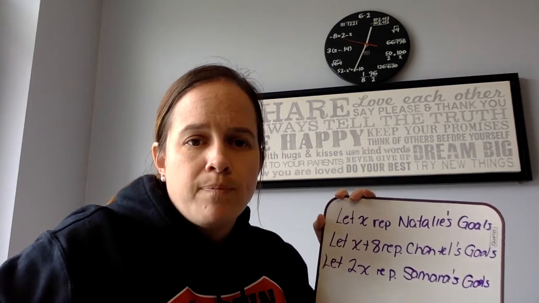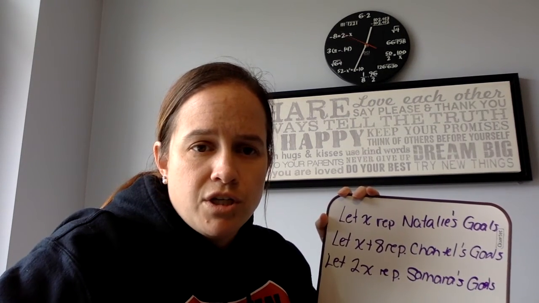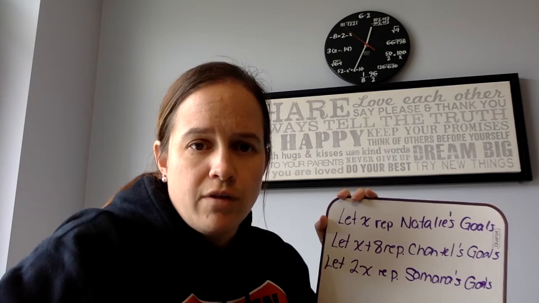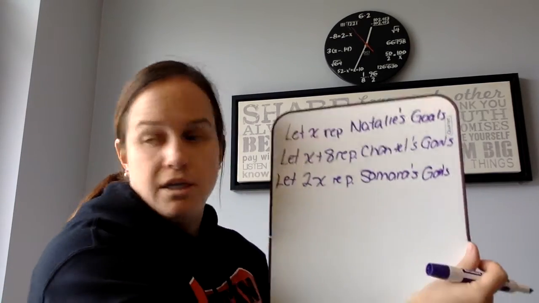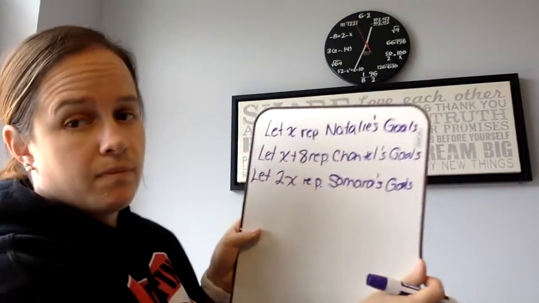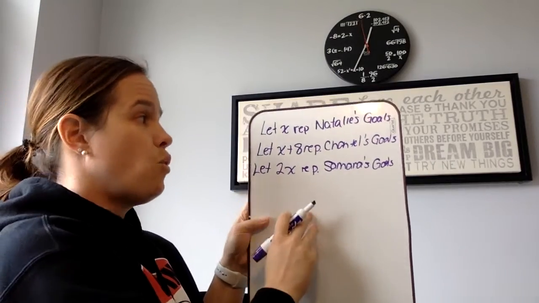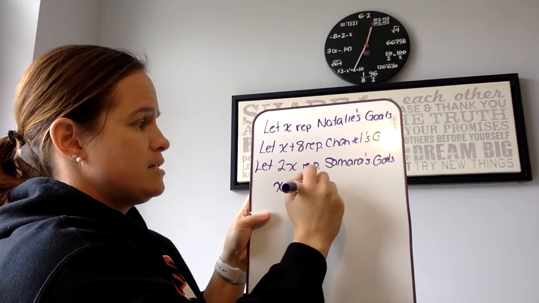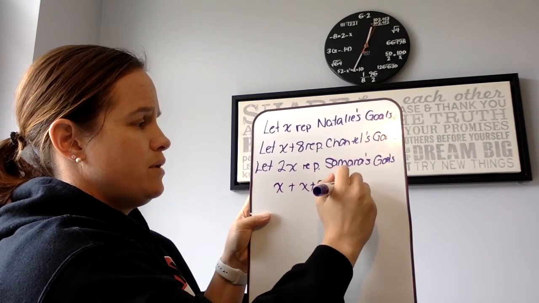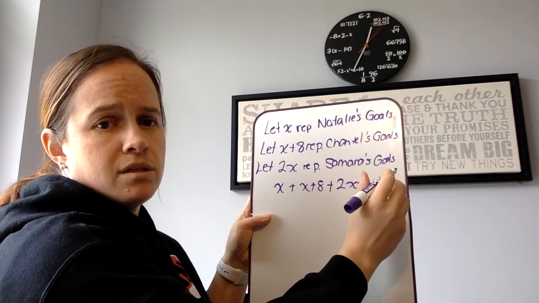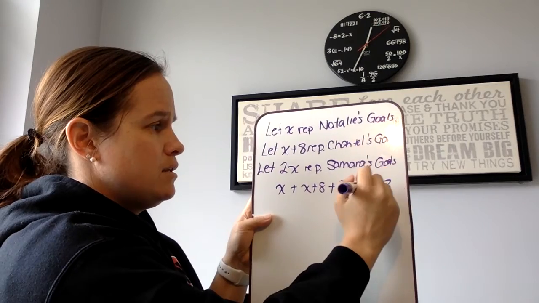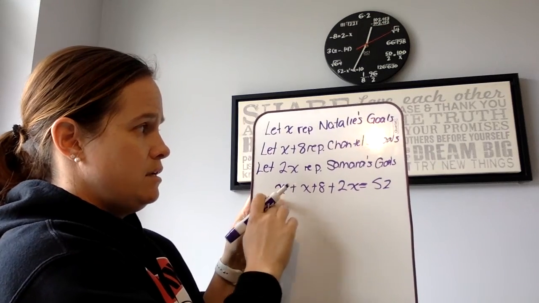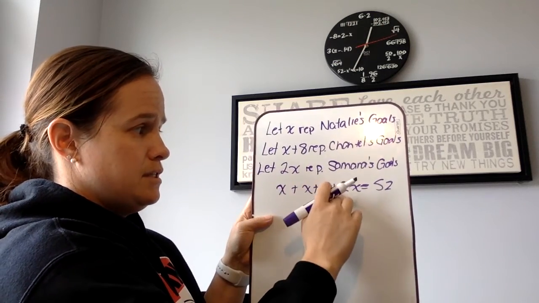Okay, so we also know from the equation that the 3 girls scored a total of 52 goals. How many did each girl score? So we know it's a total, so that's a sum. X plus 8 plus X plus 2X equals 52. So Natalie, Chantel, Samara.